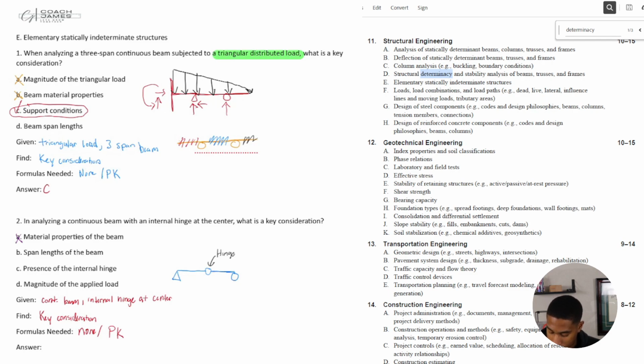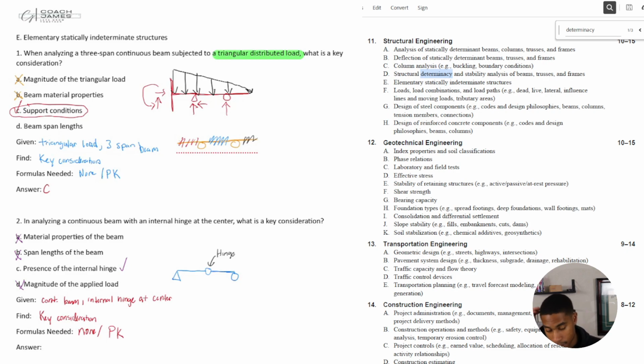Nope. The presence of the internal hinge? Say yes. So in analyzing a continuous beam, what is the key consideration? The hinge. Why is that hinge there, and what does it do? Or the magnitude of the applied load? No.